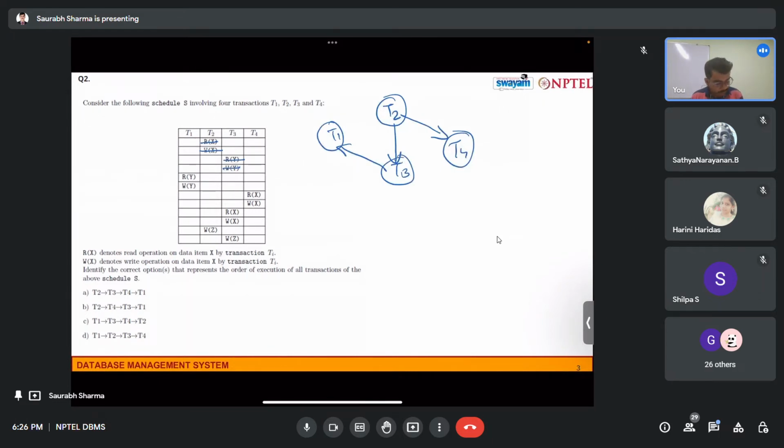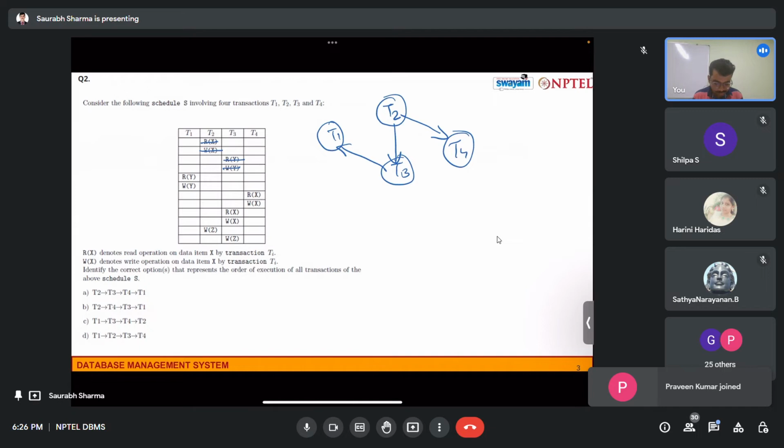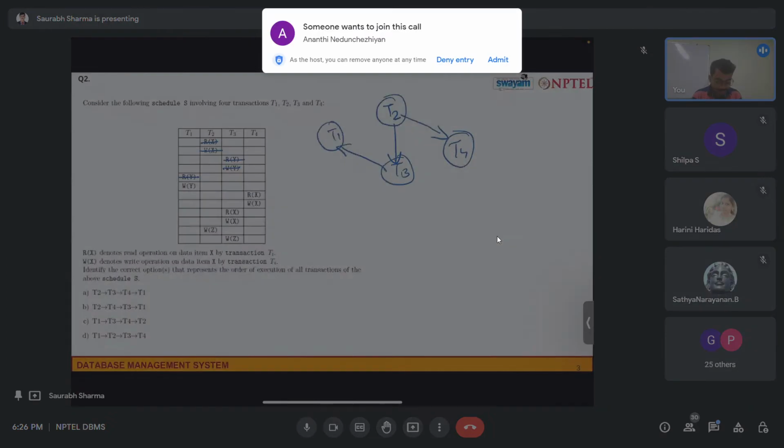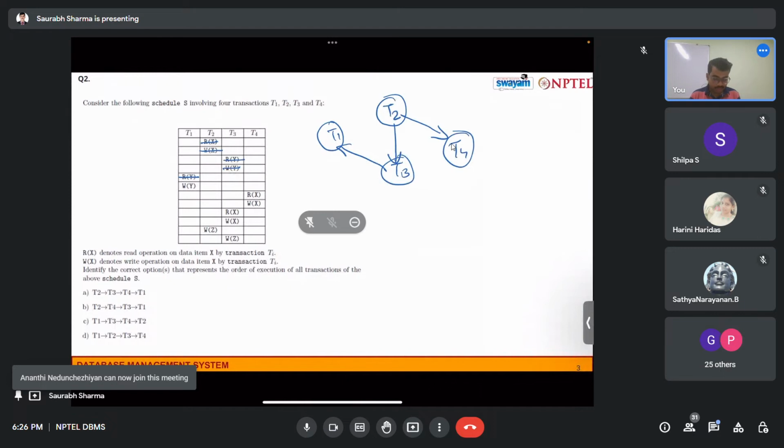The same edge is there, so there is no other edge to create, and the other two are blank. Now coming to T1, this Ry is there, but it is coming just after T3, so we have to search within the operations afterwards. There is no Ry or other y operation there, so there will be no edge from T1.